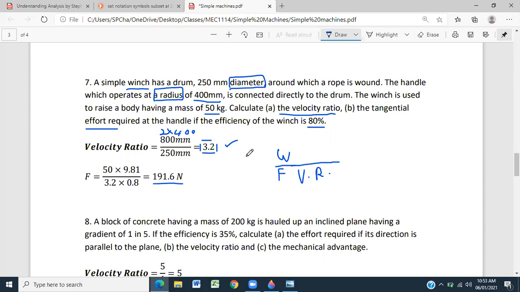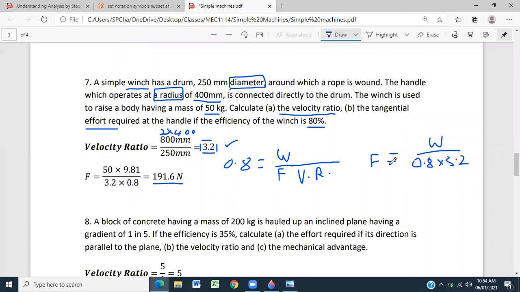Now solving for F with efficiency of 80%. So 80%, which is 0.8, going over, come back. We get F, which is the effort, equal to that weight, that load, divided by 0.8 times the velocity ratio, which is 3.2.